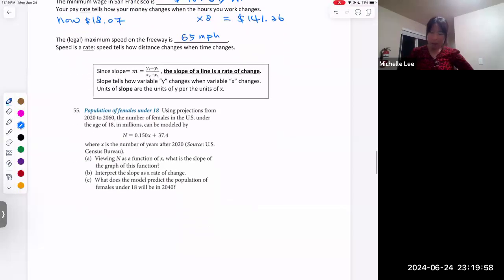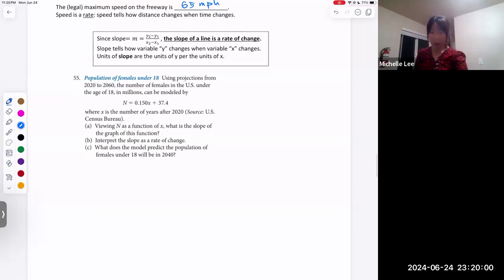Okay, now population of females under 18. So we have 2020 to 2060.